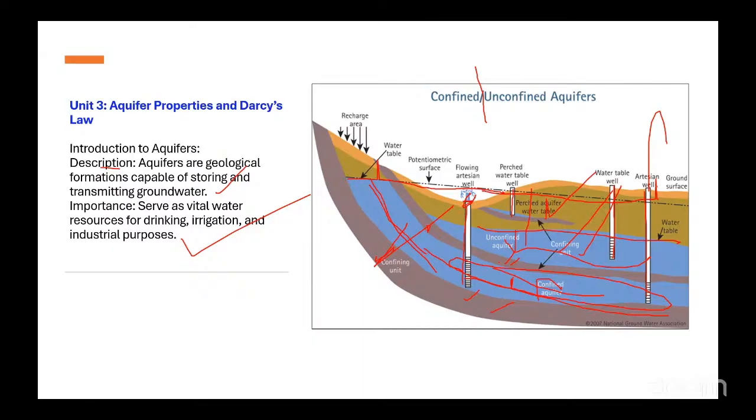Here you can see the head of the borewell is higher than the water table of the confined aquifer, so here we have to install the pumping system. So these are the confined and unconfined conditions of the aquifer systems present in the subsurface of the earth as geological formations.